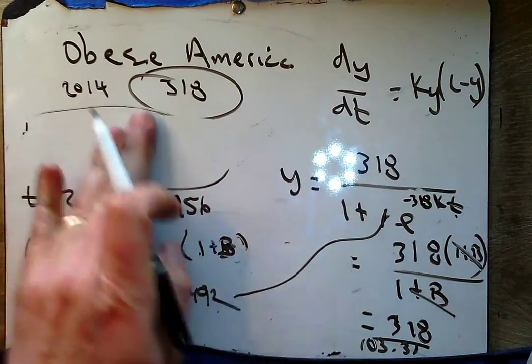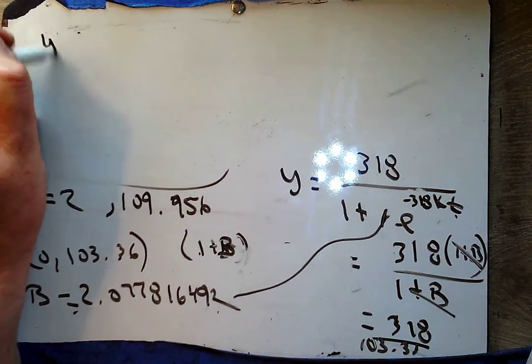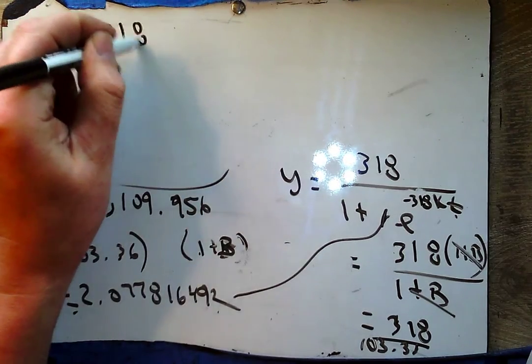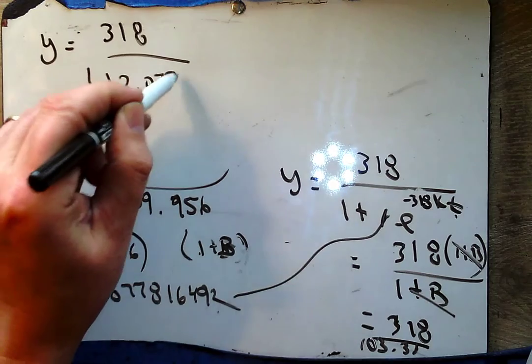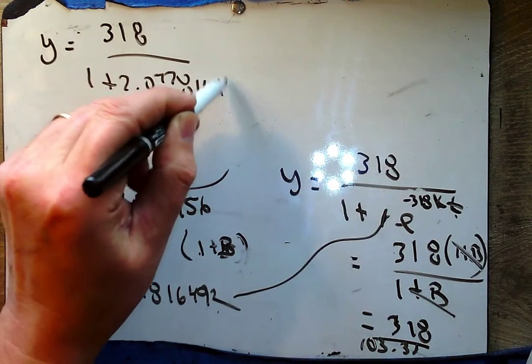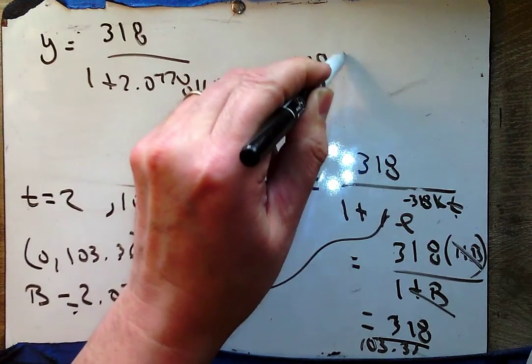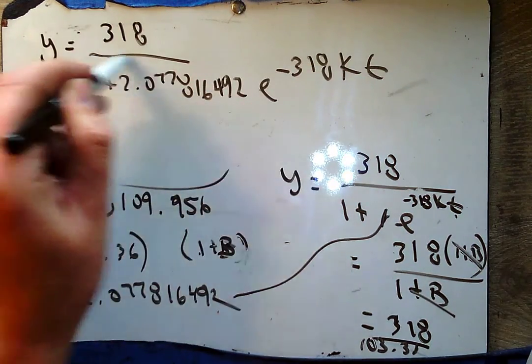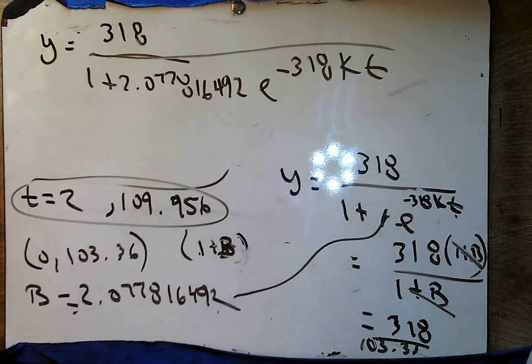Well, we've used this up. So now I've got y equals 318 over 1 plus 2.077816492 e to the minus kt. All right, so we have this second ordered pair.